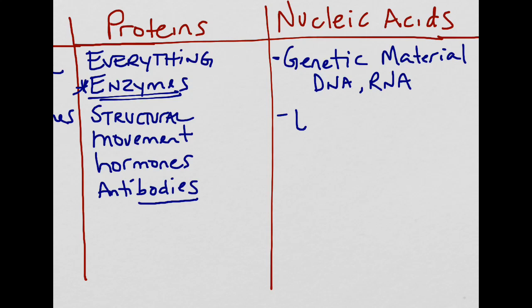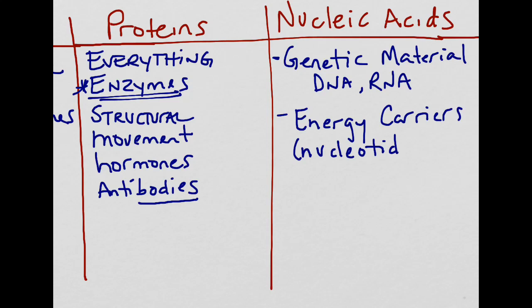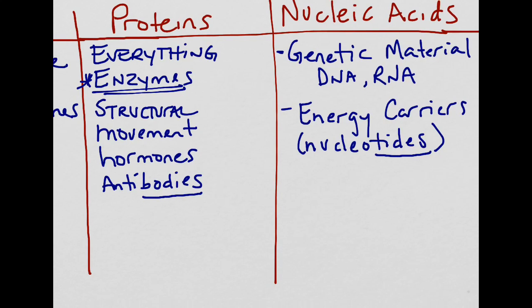You may recall nucleic acids can be energy carriers. Well, not nucleic acids. This is a job for nucleotides. Remember, nucleotides are the monomer. We're going to talk about this in just a second. And the bigger structures, when you hook them together, is the nucleic acid, and that's DNA or RNA.